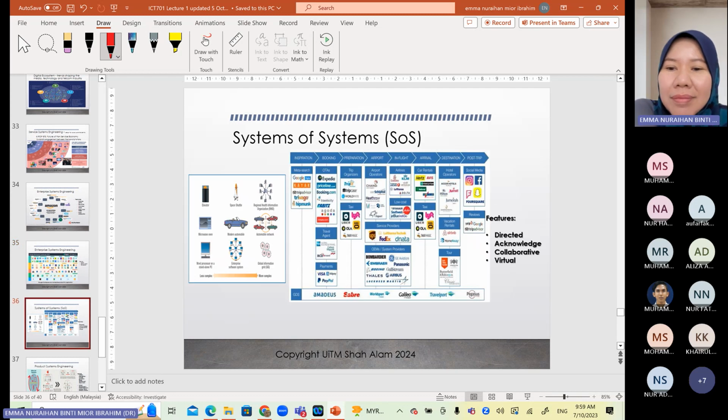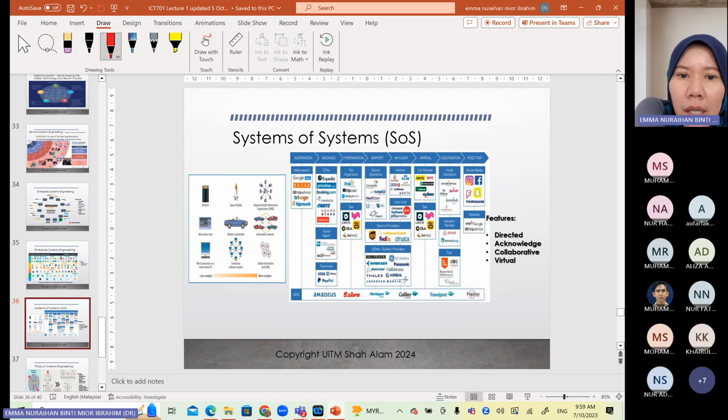System of system. What is system of system? SOS. Ni contoh apa ni? Features, director, acknowledge, collaborative, visual. You nampak tak? Kebanyakan sistem ni collaborative. Dia mesti ada collaborative features. Dia tak boleh standalone. Collaborative that makes the system socio-technical system that becomes a global system. Yeah, must be collaborative.